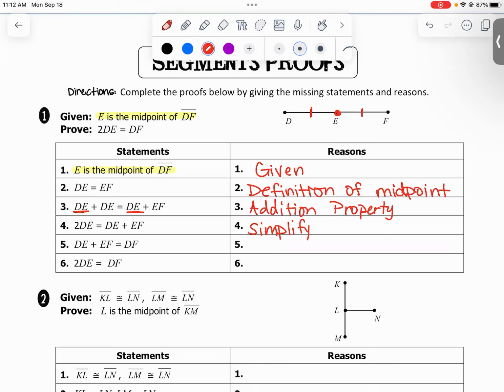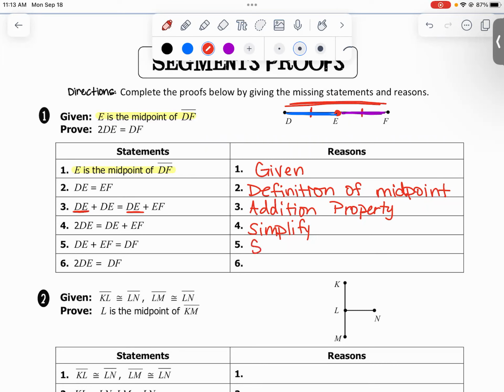Okay, now in step 5, we have DE plus EF equals DF. Small piece plus small piece equals whole piece. What do we call that?